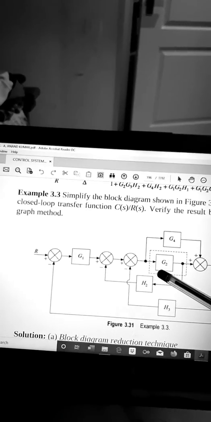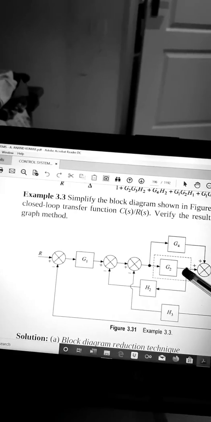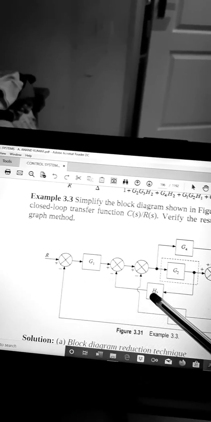So in order to compensate that, if you are taking the branching before this, then G2 should be multiplied by H2.